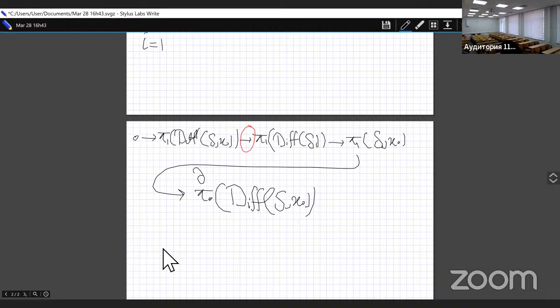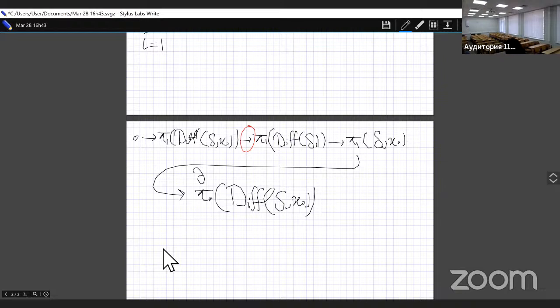The map in the red circle is an isomorphism. To show that the red map is an isomorphism: this map is automatically injective. We want to show that it's surjective. To show that it's surjective, it's only sufficient to show that this boundary map is injective.